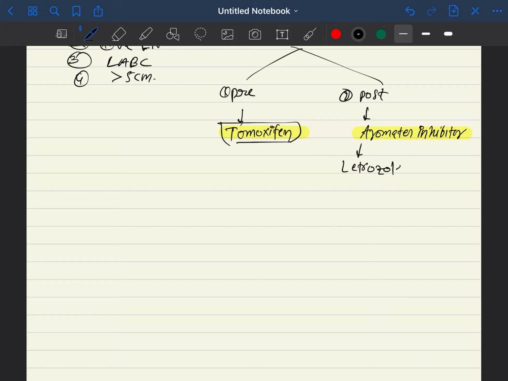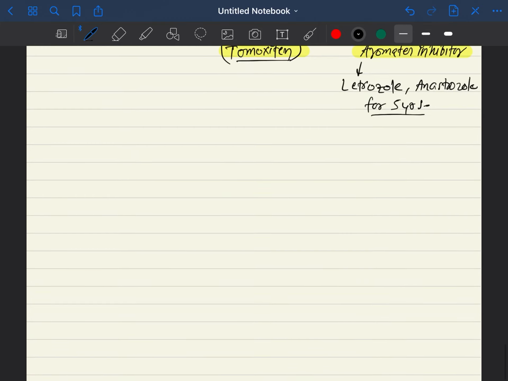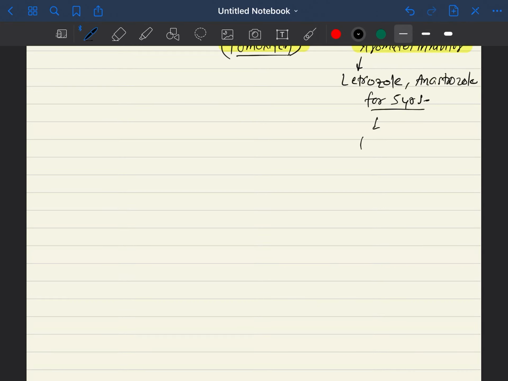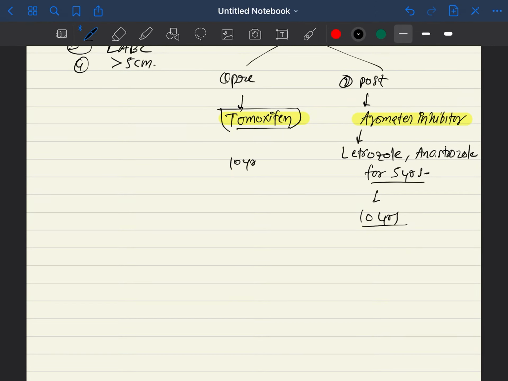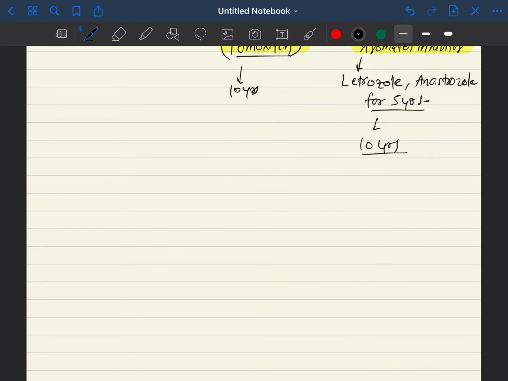Like letrozole, anastrozole for 5 years, but now we can give till 10 years. Alright, tamoxifen also can be given for 10 years now. Side effects, obviously, as you know, are similar to what we can see in the postmenopausal woman.